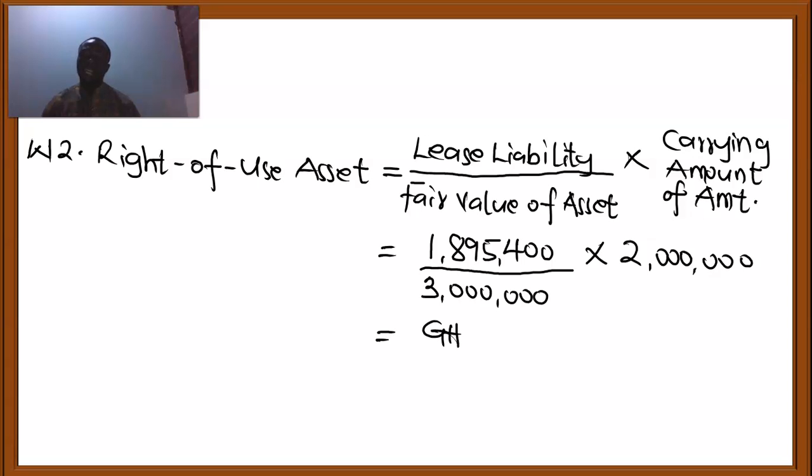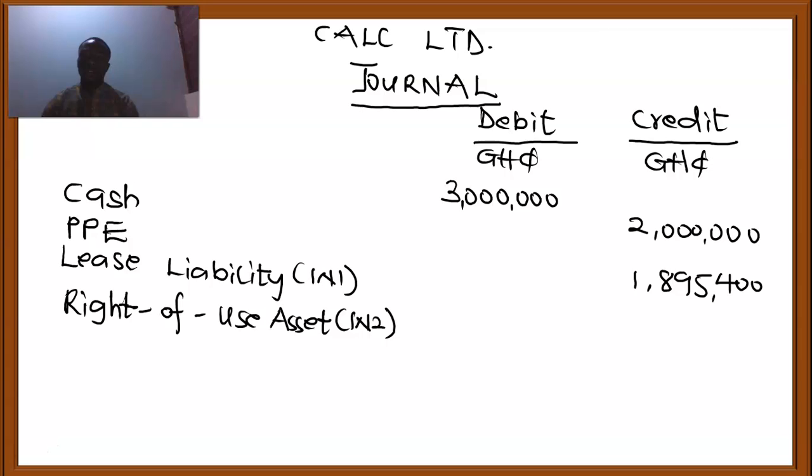This gives us a right of use asset of 1,263,600. Right of use asset is an asset, so we recognize it under debit, 1,263,600.